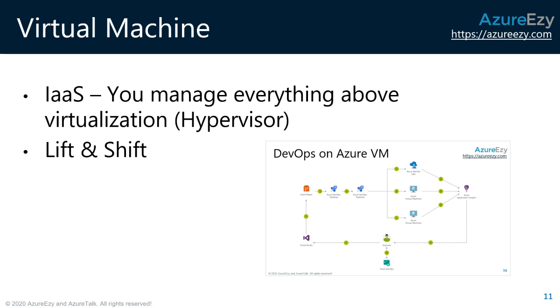So this is the very first step that happens, and virtual machine is a very nice service, one of the best services to pick if you are talking about lift and shift. Because essentially, a virtual machine is just a virtual machine. It's just that earlier it was running in your data center in your on-premises world. Now it is running in an Azure data center, which is Microsoft server space.